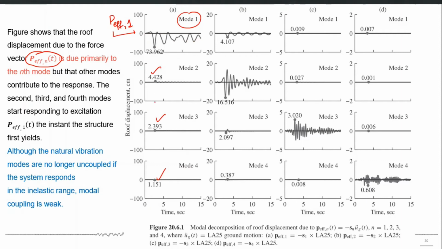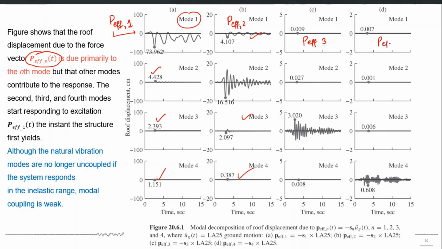Similarly, when the second mode effective earthquake forces P effective 2 were applied, the response in the second mode is significant and first, third and fourth is negligible. Same is for P effective 3. Only the third mode is excited much, but first, second and fourth are not excited. And similarly, this is P effective 4.